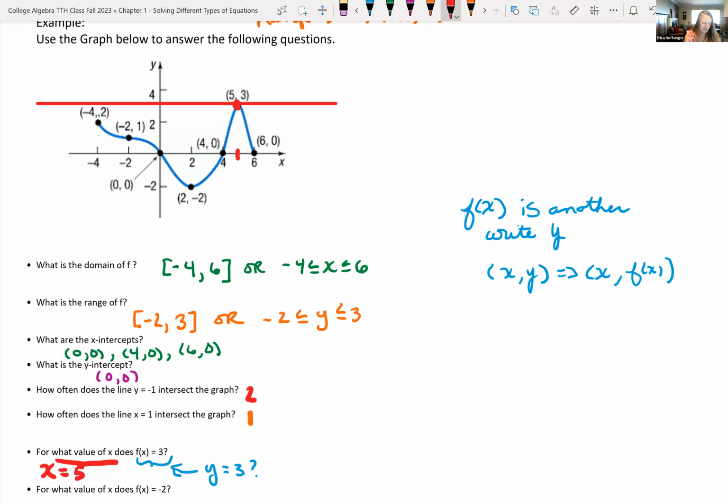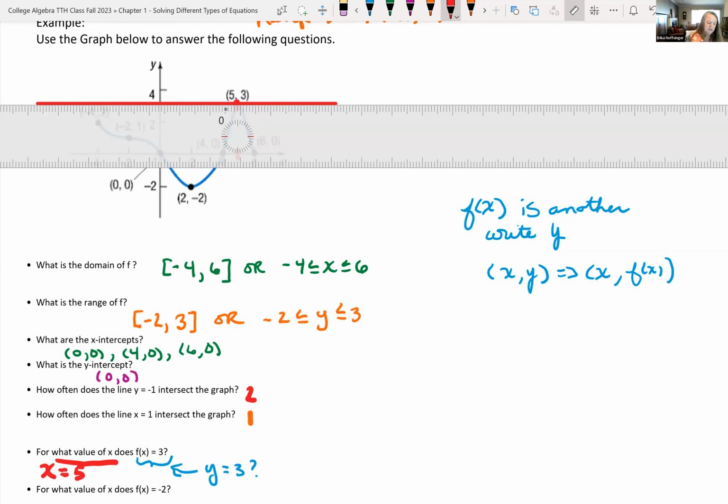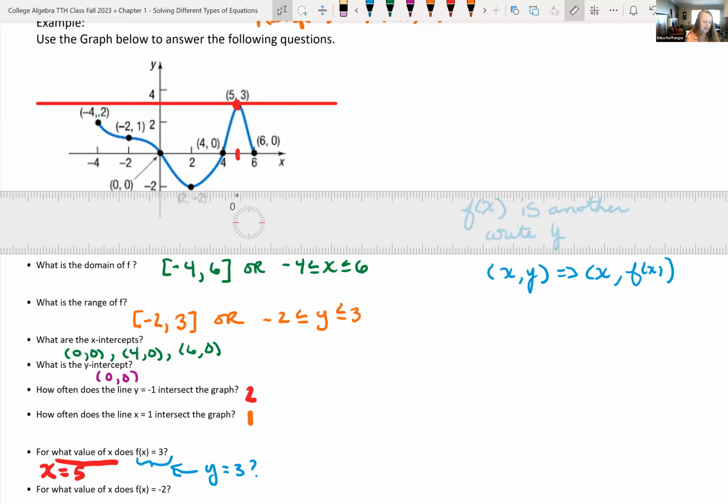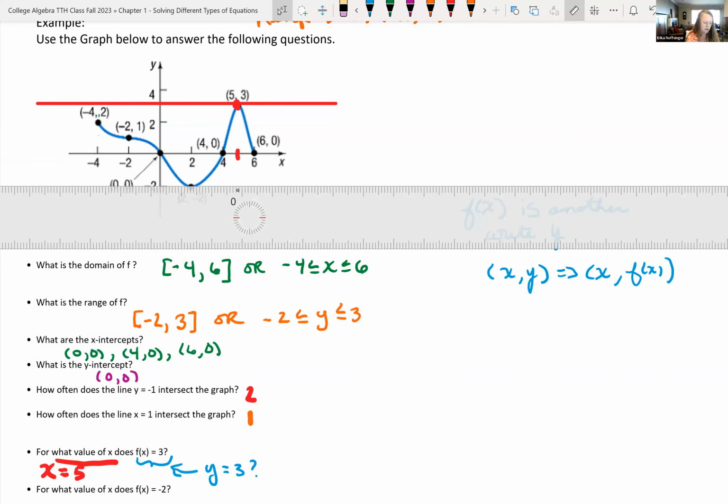Almost similarly, the next question wants to know, for what values of x does f of x equal -2? So we want to know what x value gives us a y value of -2.